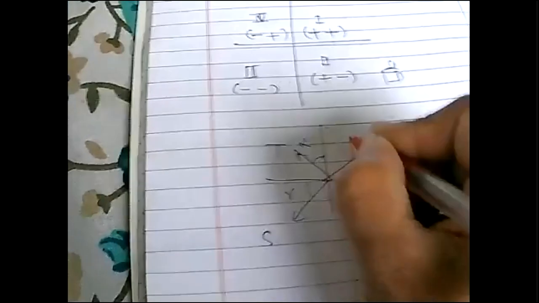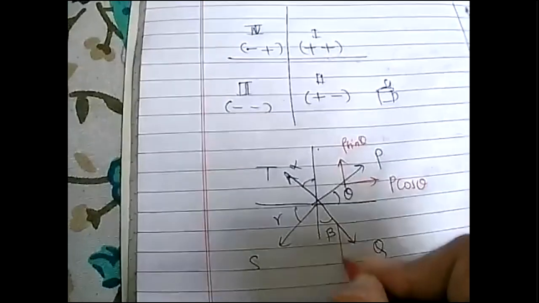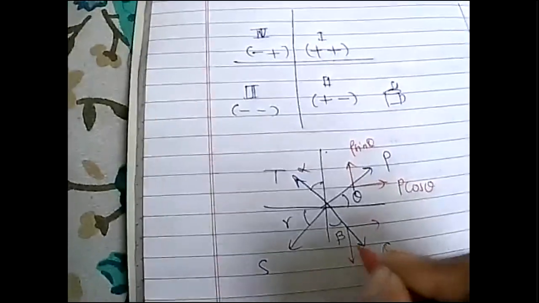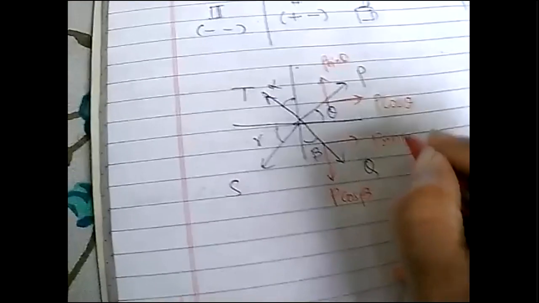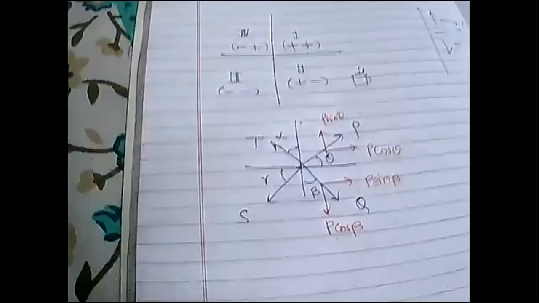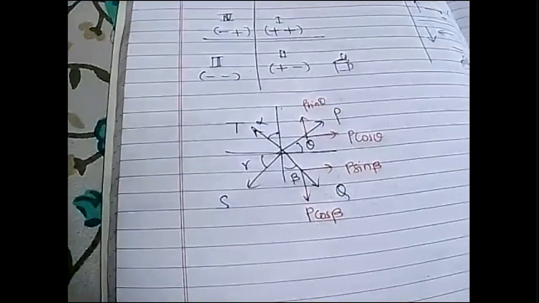So two components will be like this. This is P cos theta, P sin theta. And for this force, again, two components. Depending upon the directions, we are supposed to take the two components. So this will be, do remember this, cos beta. If the angle is given with vertical, then the vertical component will become cos and the remaining will become sin. We must remember, if the inclination is given with horizontal, we make the horizontal component cos.